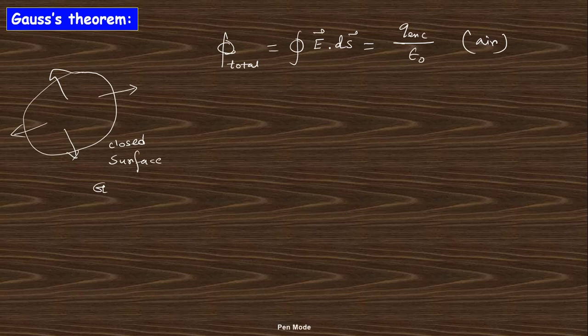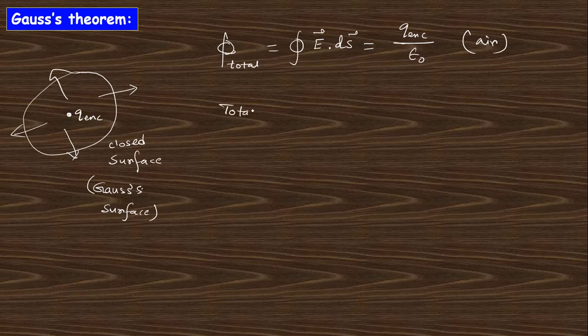This surface is also known as the Gaussian surface. So this statement says that the total flux through any closed surface will be the charge enclosed within this surface divided by epsilon naught.